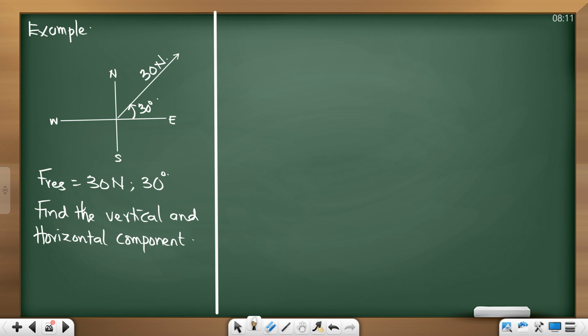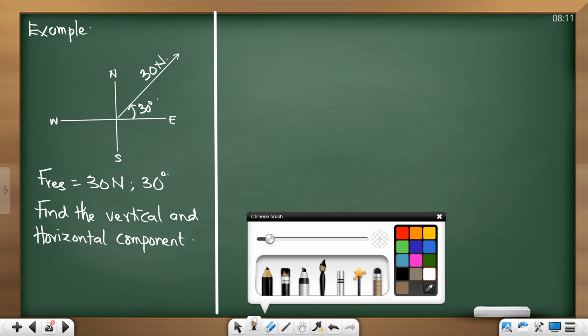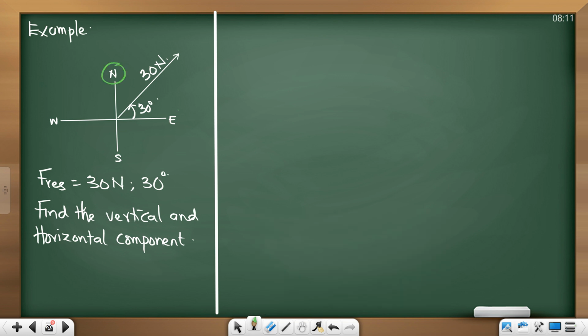Please, I'd like you to listen to me carefully on how to determine where my vertical and horizontal components will be. Look at this force. This force is in between two directions, right? What do I mean? This force is between the north and the east. It's in your first quadrant with maths.